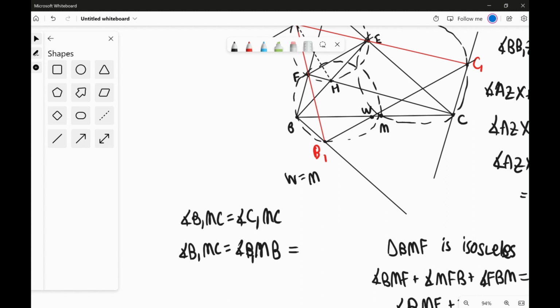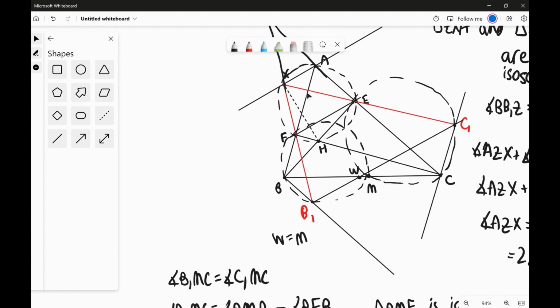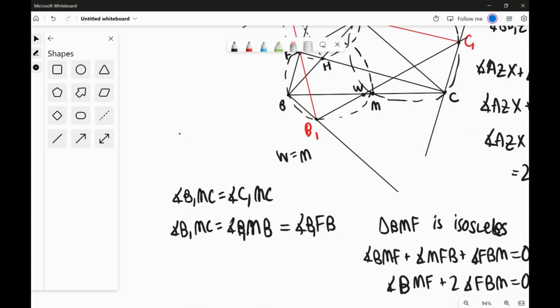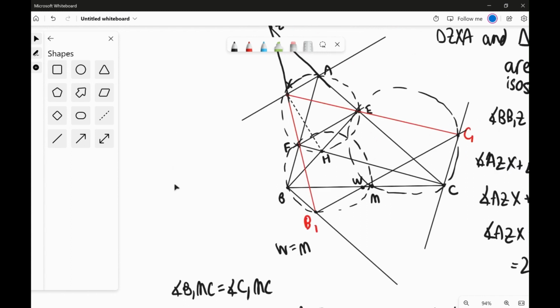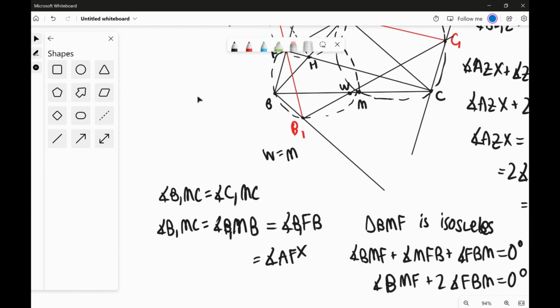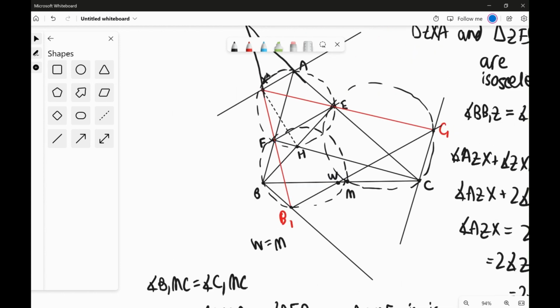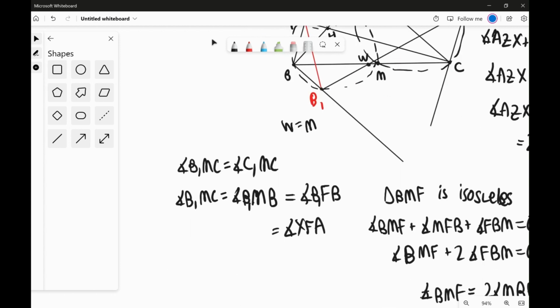And because of the cyclic quadrilateral is equal to directed angle B1FB, and because A lies on line BF and X lies on line FB1, we have that this is just directed angle AFX. Actually, whoops, it's supposed to be XFA. But now we know that directed angle XFA is equal to directed angle XEA. So this is directed angle XEA.